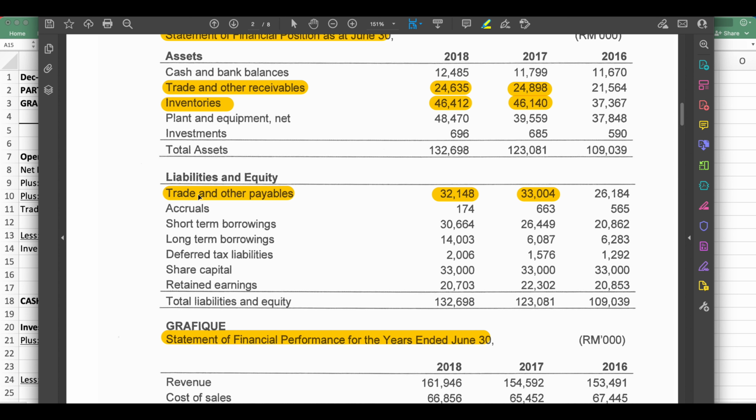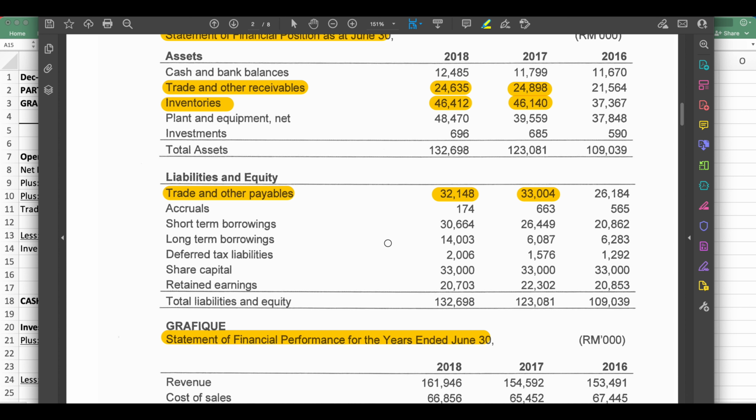So for the liability, we have the trade and other payable. Okay, so for the trade and other payable, 2017, the company has 33,004. And then for 2018, it decreased to 32,148. So it means here, the trade and other payable reduced, meaning to say Graphic has paid their supplier.